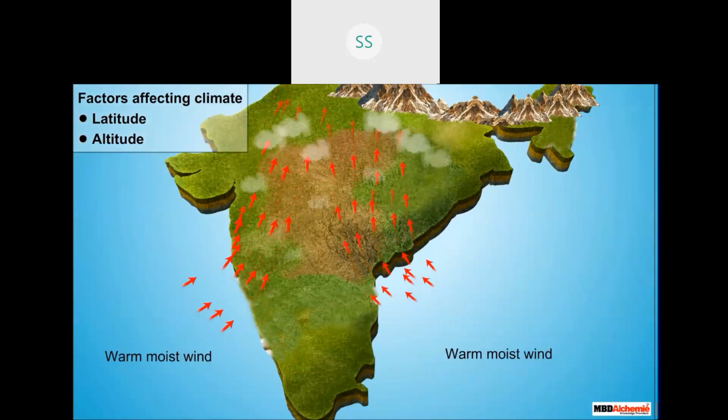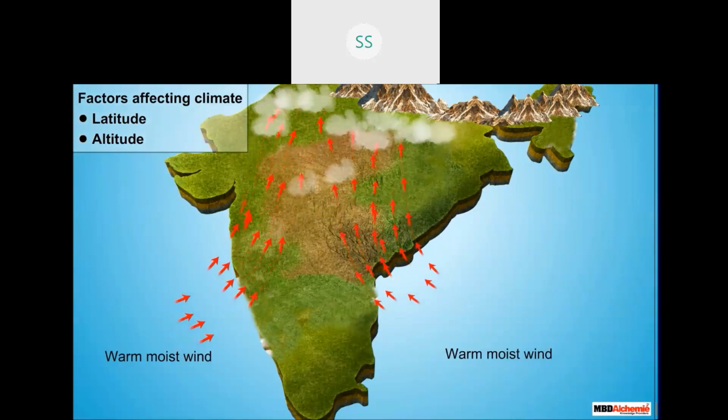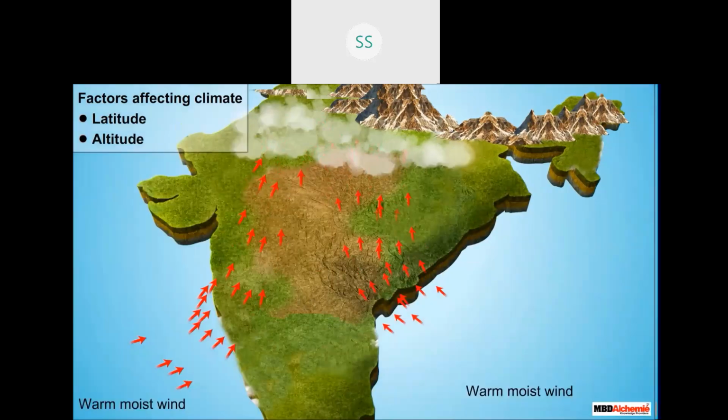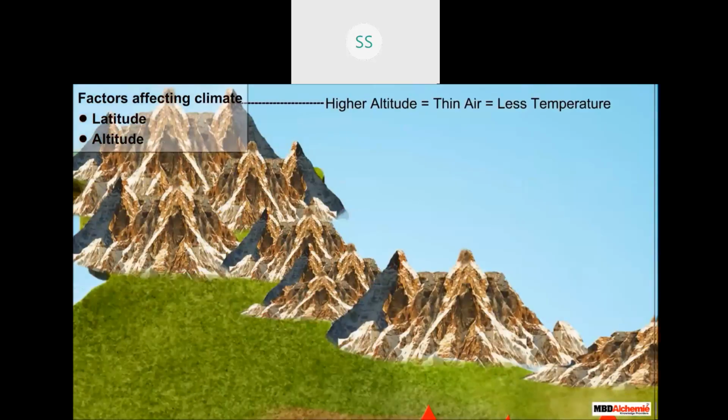So the northern part of India is not as cold as central Asia, and the places located at higher altitudes are cooler than the plain regions. This is because the atmosphere is thinner at higher altitudes.